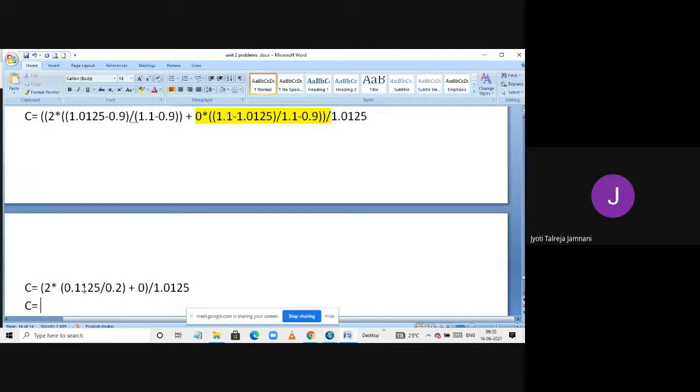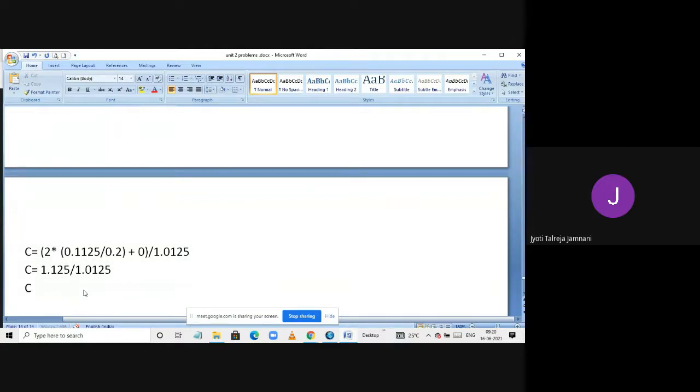You get 0.5625 into 2, you get 1.125. So 1.125 plus 0 is nothing, so you need not add anything, divided by 1.0125. So C will be equal to 1.11.